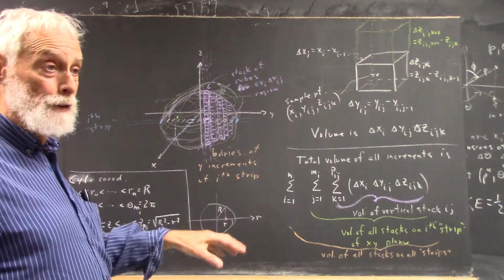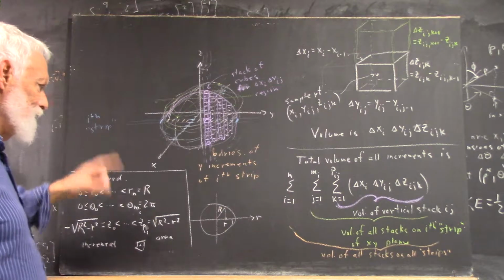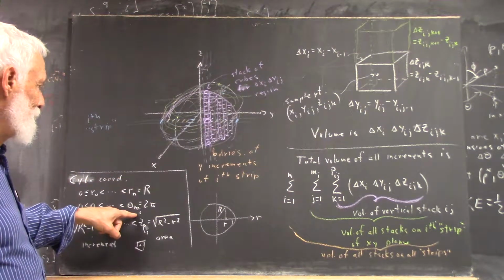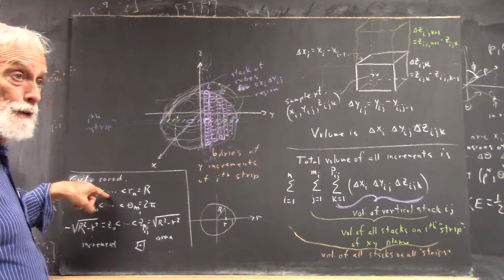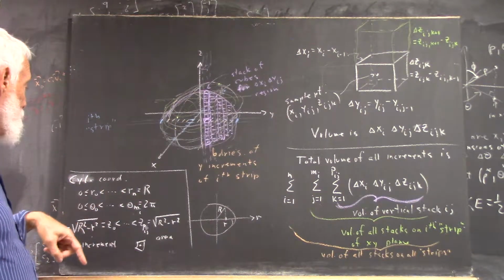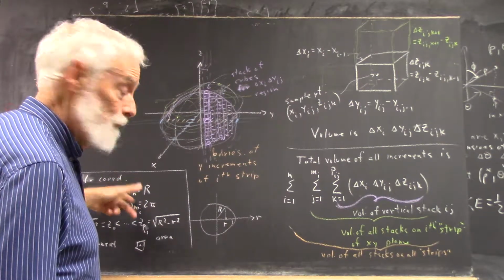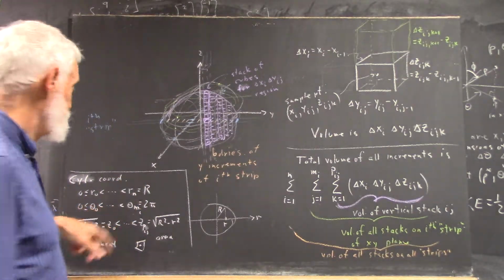I'll just mention it to justify why we want to maybe have M depend on which R increment, okay? And of course, these are R I's, okay? And these are theta J's.